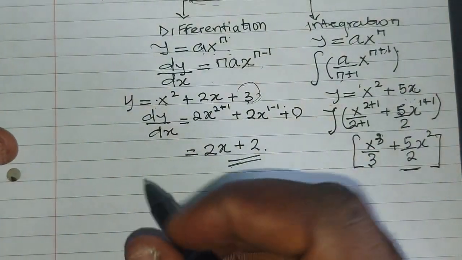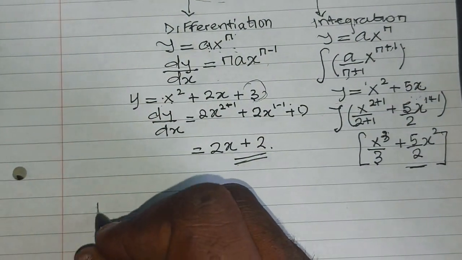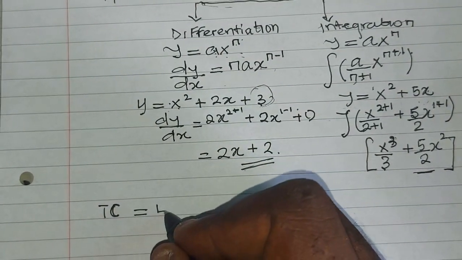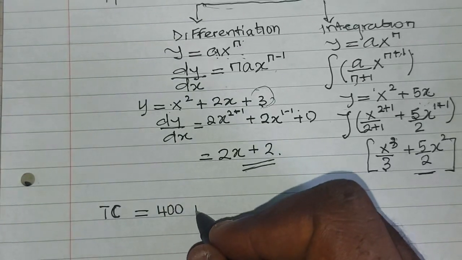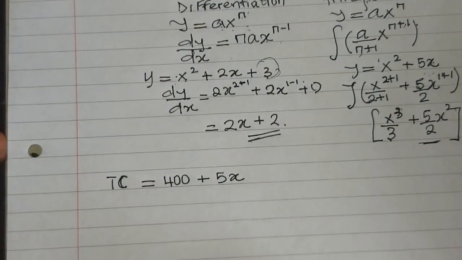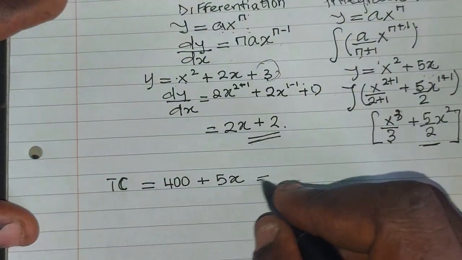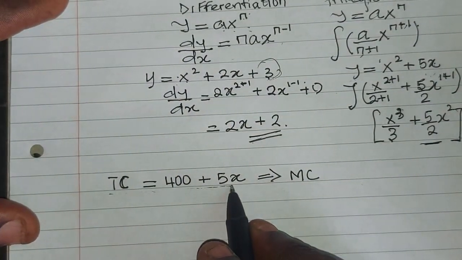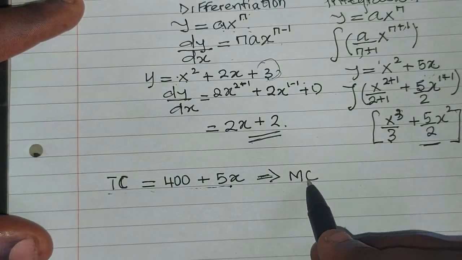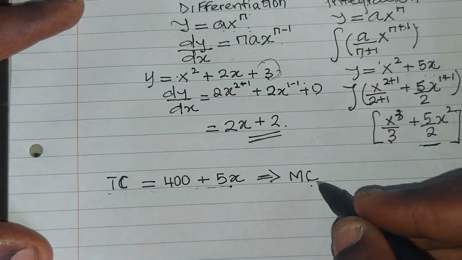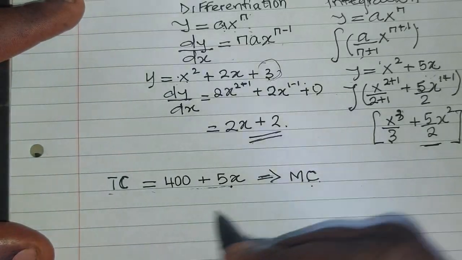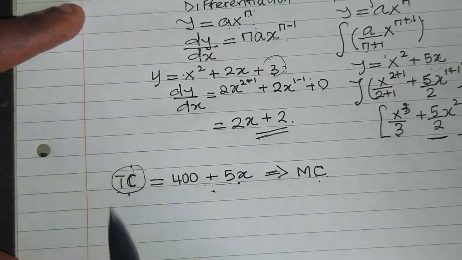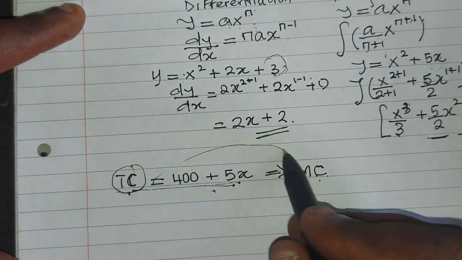Now, in business, let's say we are given the total cost function, say 400 plus 5x. Then you are asked to find the marginal cost.